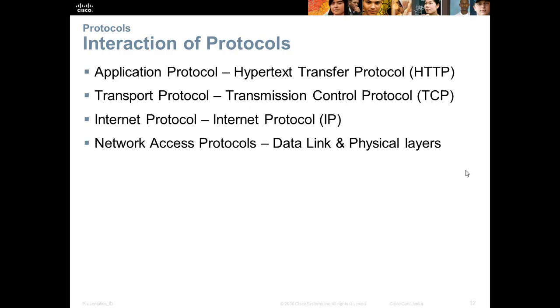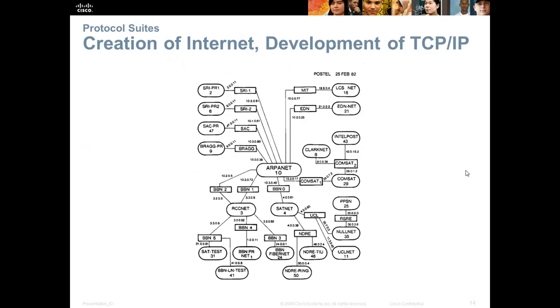So usually when we're talking about protocols, it's not just one specific protocol that's working at one time. It's usually a collaboration of multiple protocols. In order to be able to communicate on the internet, a device must have the TCP/IP protocol enabled and installed.